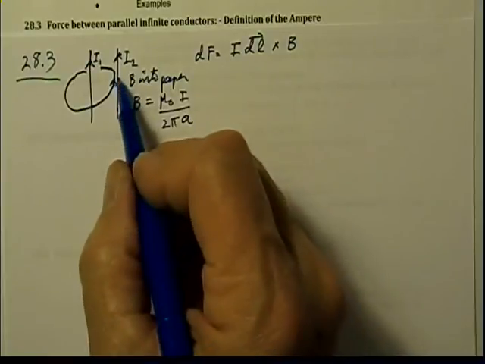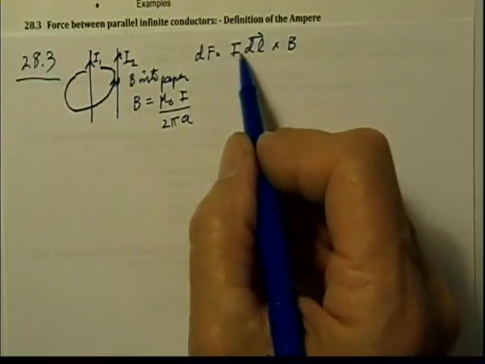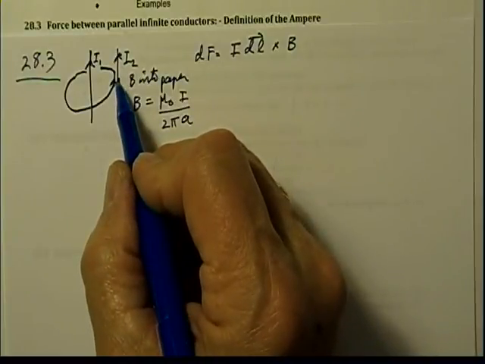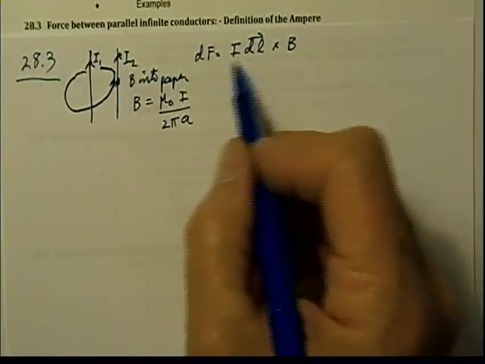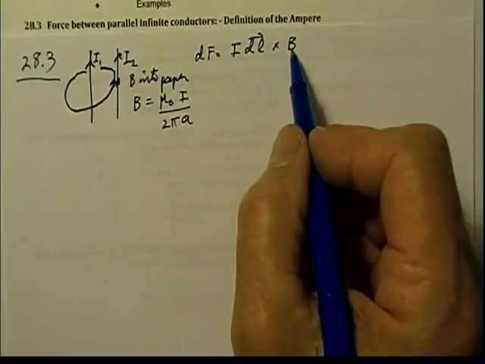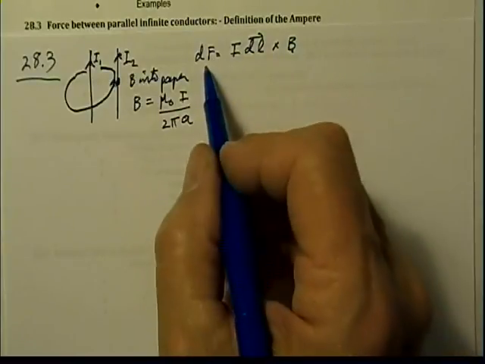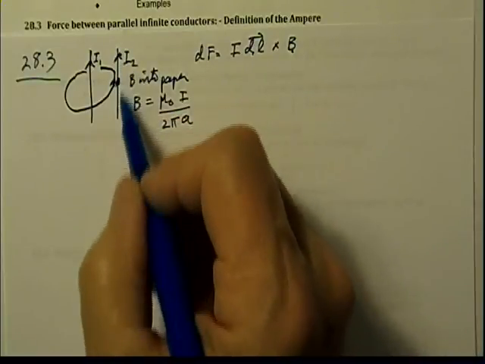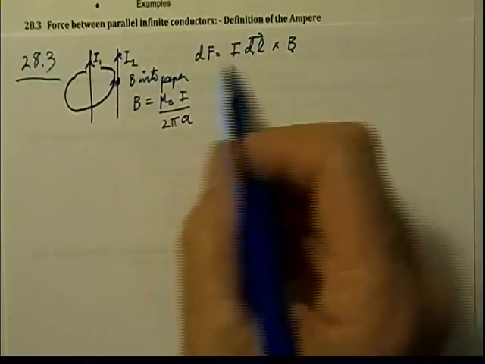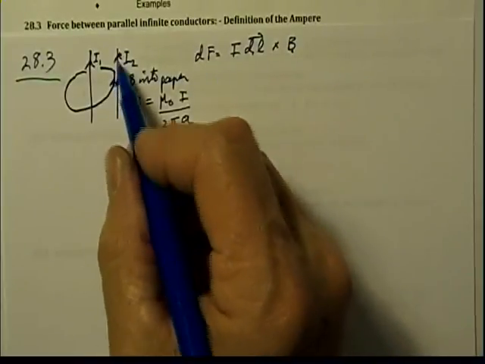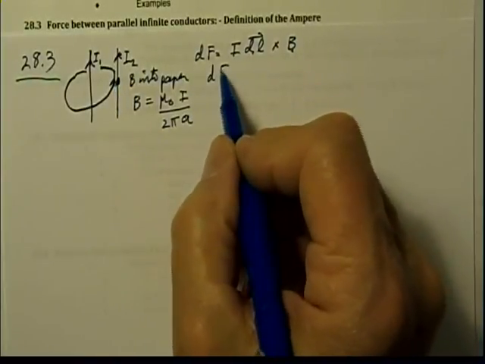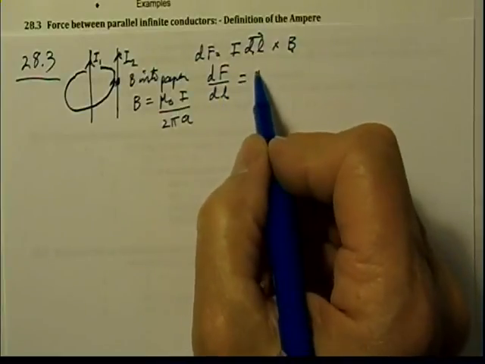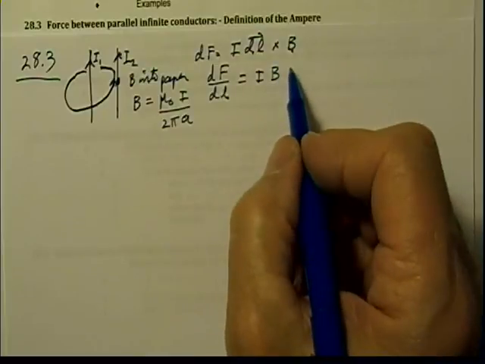Now, if we have that magnetic field at this point, this wire is going to experience an infinitesimal force due to that magnetic field. We divide by dl, because obviously the whole length would feel an infinite force due to an infinitely long current. So the infinitesimal force per unit length is equal to I times that magnetic field.